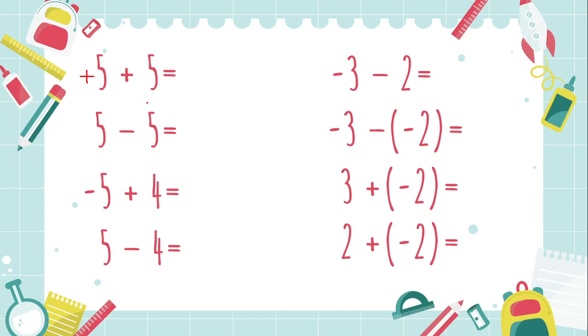Now what's next? Let us separate the two numbers. Then we have a positive 5 and a positive 5. If we have numbers with the same sign, all we need to do is to add the two numbers. So we have 5 plus 5. Then just copy the sign of the two numbers, which is positive.